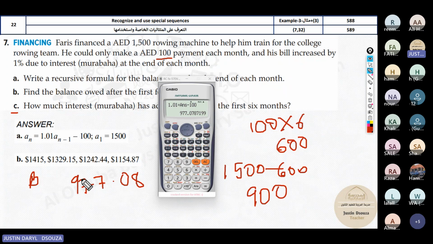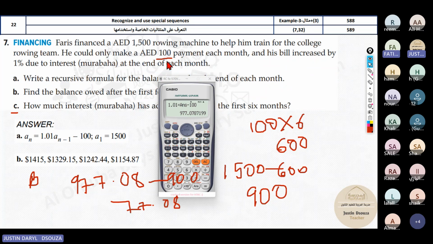So you can see the remaining amount. If you subtract 900 from this, there is 77.08 dirhams of interest that's accumulated after 6 months. This is the interest. So to find this out, we multiply the payments by the number of months, then we subtract everything. If it was 7 months, this will change how much he paid after 7 months.